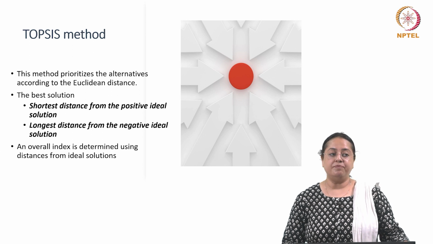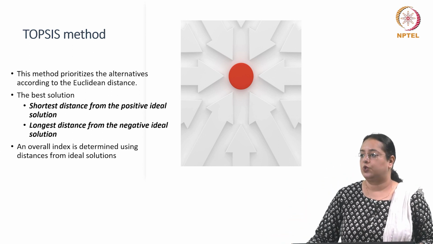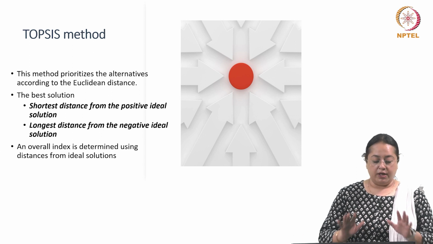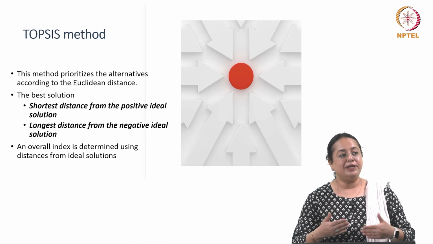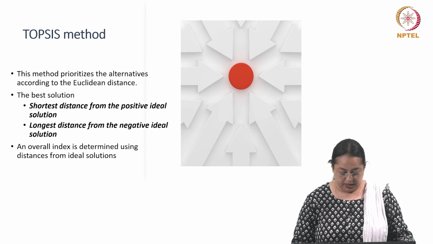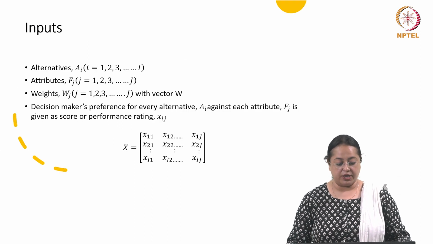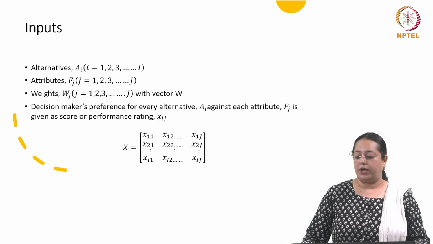At the same time, it should have the longest distance from the negative ideal solution. Based on these two indicators, we bring an overall index, which will be determined using distances from the ideal solutions.